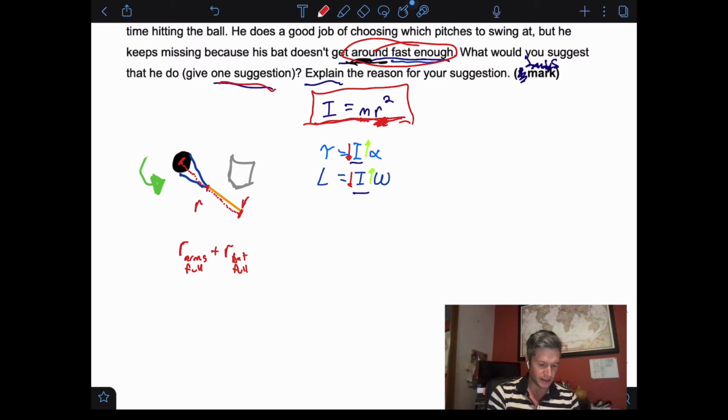Again, the very tip of the bat is where that ball is going to hit, as close to the end as possible. We're going to have our R for scenario 1.